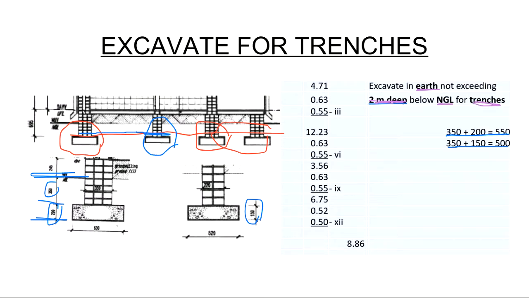The order in which you are writing those down is not overly important, just as long as you write them all there. You can, for instance, say excavating earth for trenches not exceeding 2 meters deep below natural ground level. It is not to say that the word trenches or whatever the item is that you're excavating for must be at the end of the sentence.